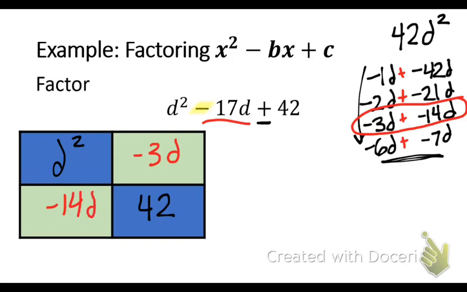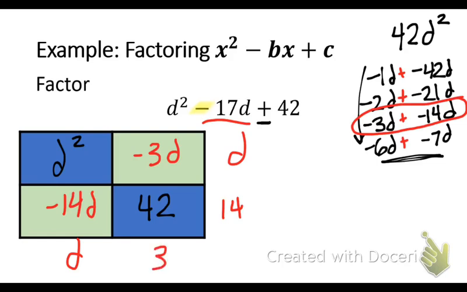Okay, so in that first row, I have a D that's in common. And in my second row, well, we know that 14 is a factor of 42, so I do have a 14. In my first column, I have just a D. And in my second column, I have a 3.